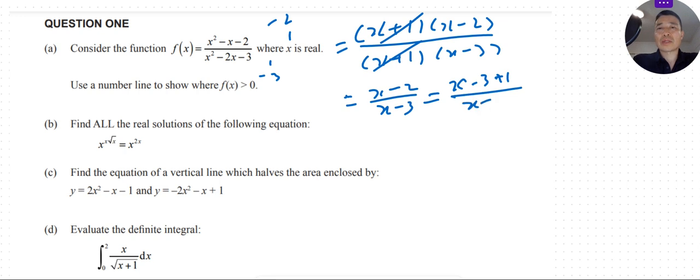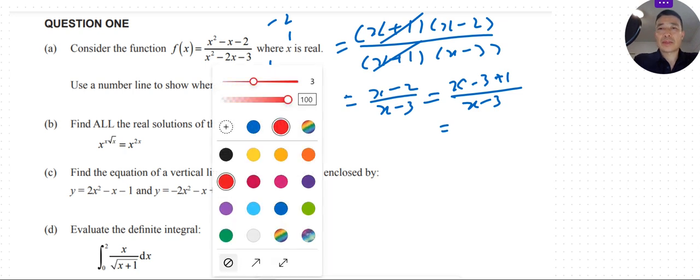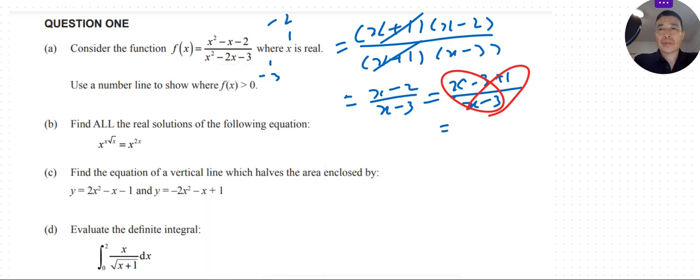Over x minus 3. So that means I will use different colors. I can split like this. So I can say the left hand side is 1 and the right hand side is plus 1 over x minus 3. So obviously this is a hyperbola, right?